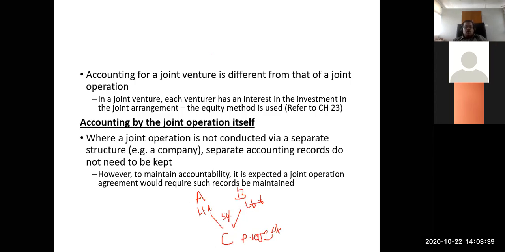Here, where a joint operation is not conducted through a separate vehicle, separate records cannot be kept. If it is not a company, there is no need of keeping records. But to ensure the accountability, like partnership, like individual sole proprietorship, you may keep the accounts. That's the idea. Is it clear?